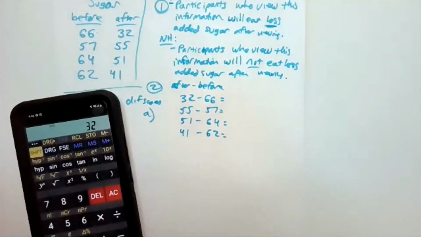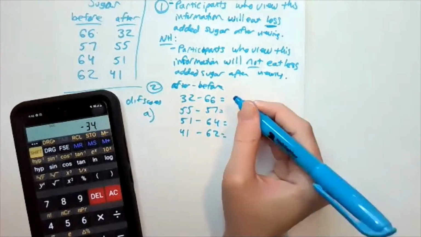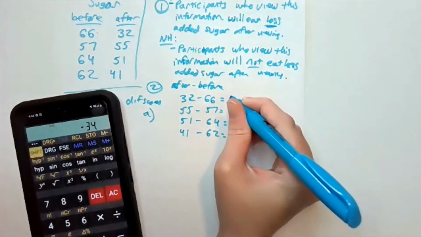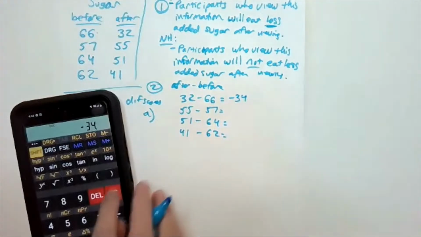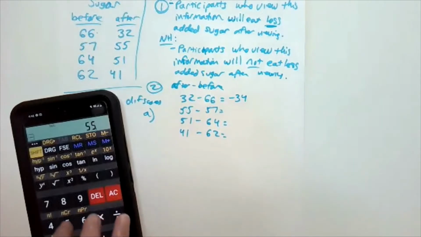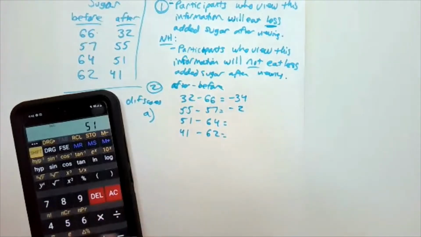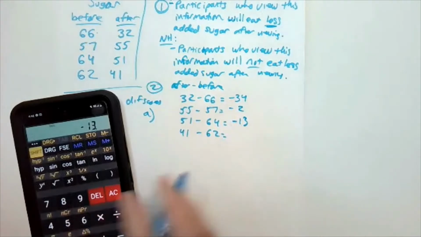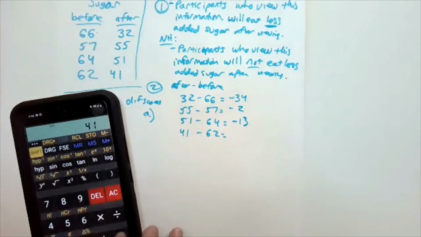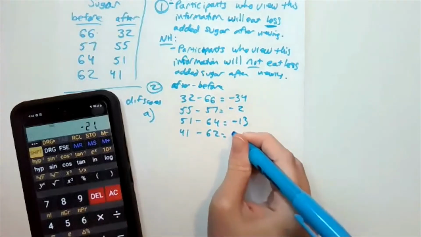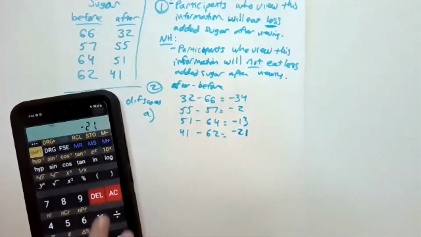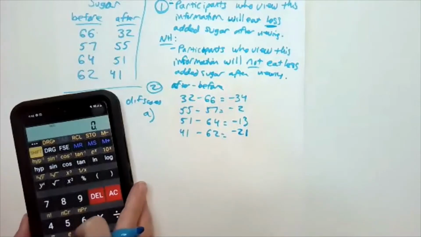Again, I always recommend using a calculator just to avoid any silly mistakes that we might make if we're doing this by hand, or especially in our heads. And so now I have my difference scores.